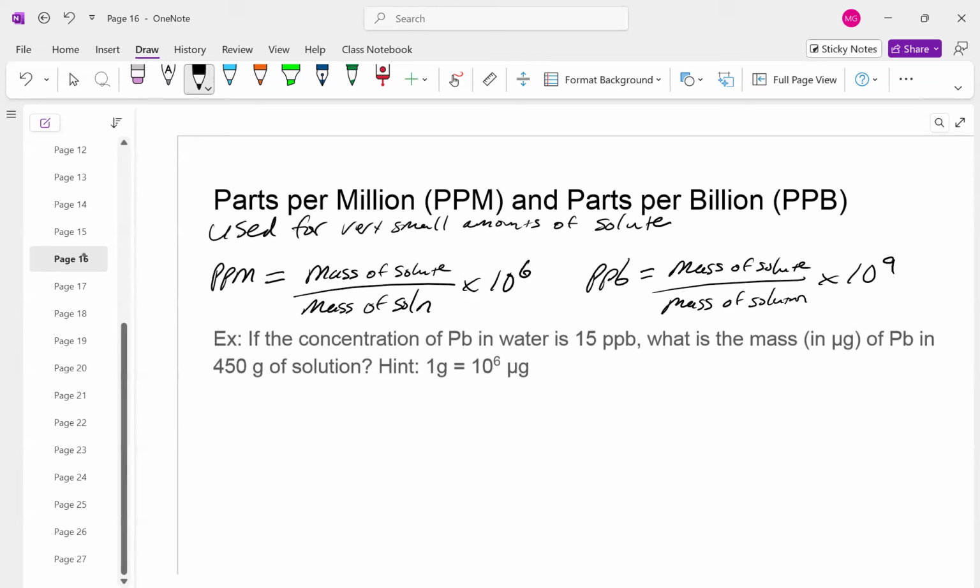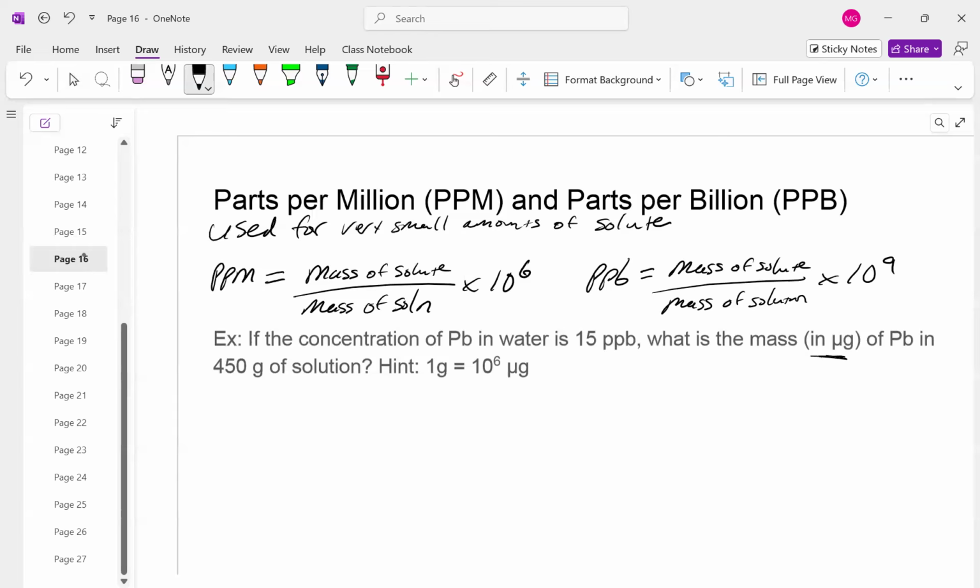Now, the question that you might have is, well, how do I use these as conversion factors? There's a really easy way to use them as conversion factors, just like we did with percent mass and percent volume. So if we look at this example, if the concentration of lead in water is 15 parts per billion, what is the mass in micrograms of lead in 450 grams of solution?